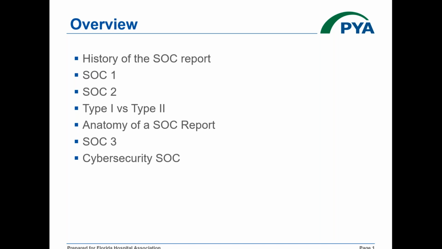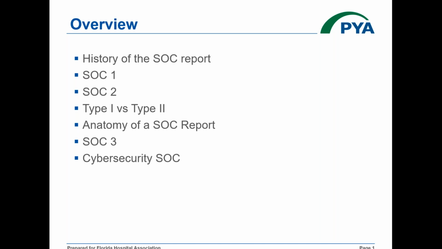And then next, we're going to talk about the anatomy of a SOC report. Let's say, for example, that we have someone listening today that is on the customer end user side of a SOC report, working with multiple entities where you're sharing your data with them. You may be receiving 3 or 4 or 5 different SOC reports from various vendors.